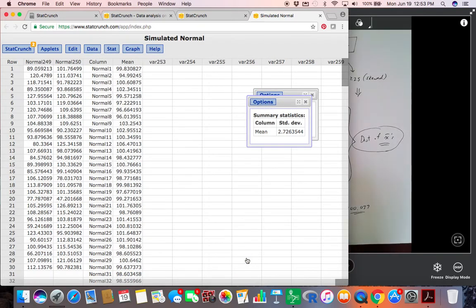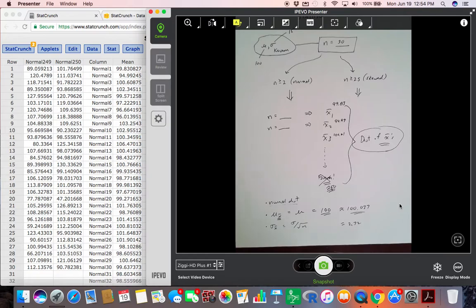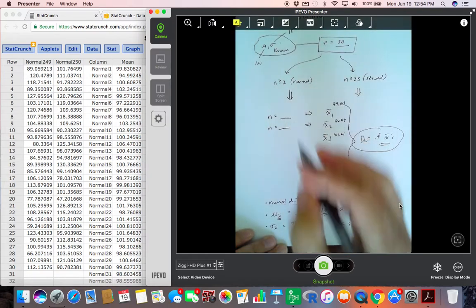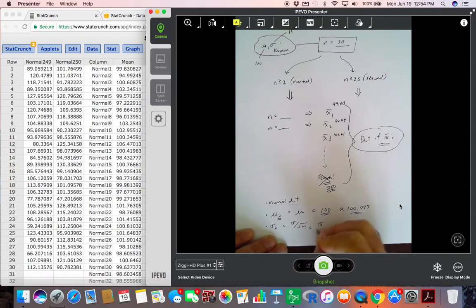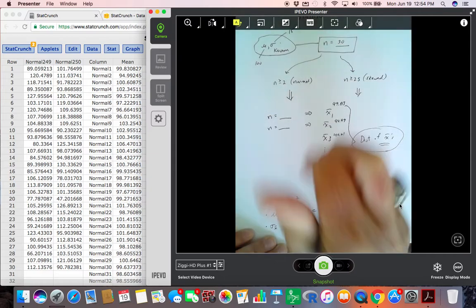is 2.72. Now, is that close to what we should have got? Well, what we should have got is sigma, which is 15, over the square root of the sample size, which is 30.